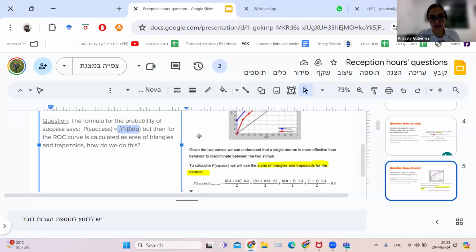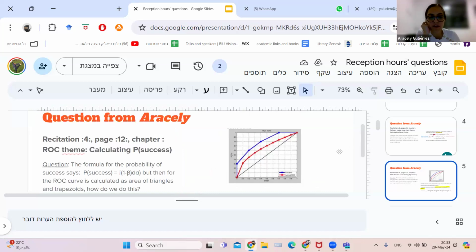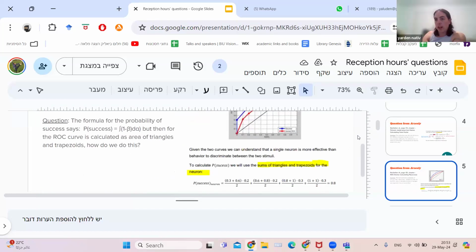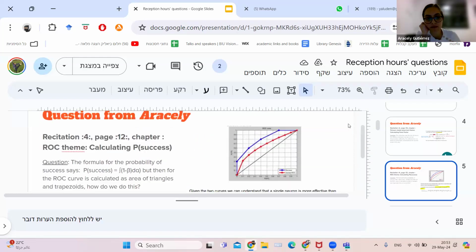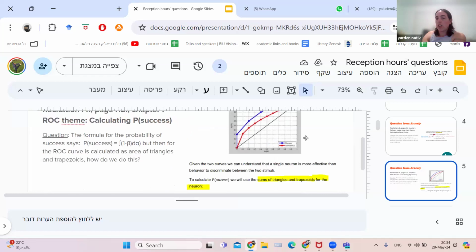Yeah, so basically instead of using the explicit form of the integral, we're using the trapezoid area, right? Exactly. Okay, and now it's clear. And for example, if we use this one, the red one, we can use the formula itself, right? Yes.